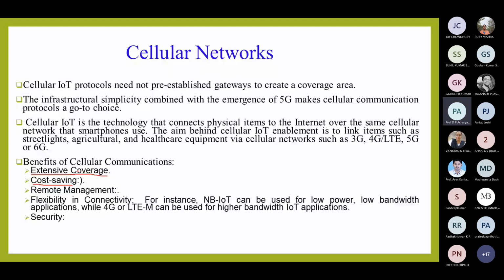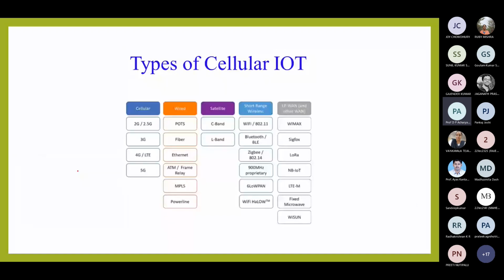Here, you know that cellular is 2G, 2.5G, 3G, 4G, LTE, 5G, and you will add 6G next. Then wired systems: POTS, which means the plain old telephone system. Optical fiber, people used to use optical fiber, and this is mostly used today. Ethernet is used in campuses. Then you have ATM and frame relay.